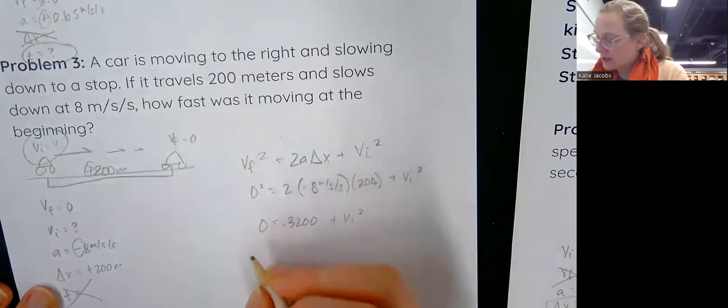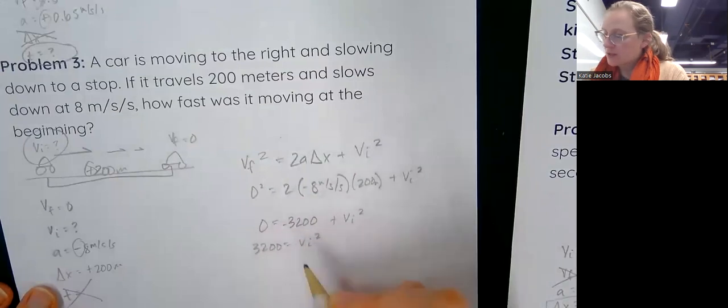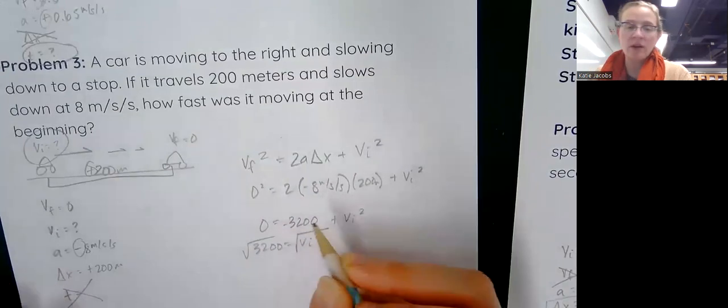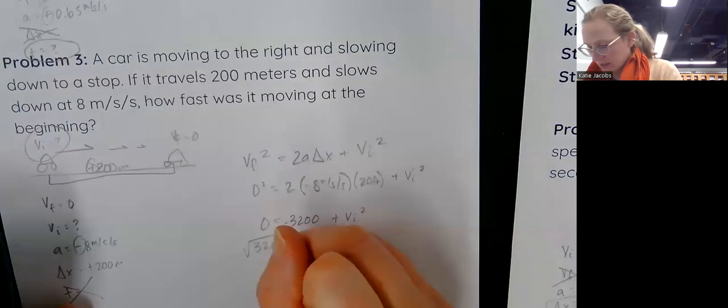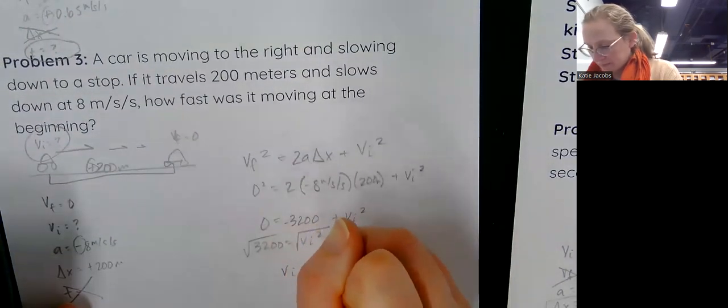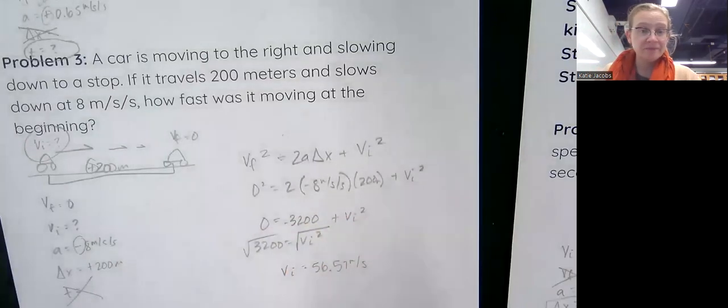When I move the 3,200 to the other side, it becomes positive. To get initial velocity, I have to take the square root of both sides. The square root of 3,200 is 56.57 meters per second, which is pretty fast.